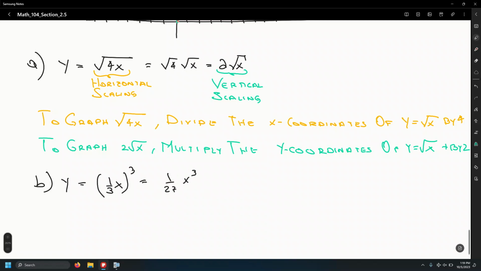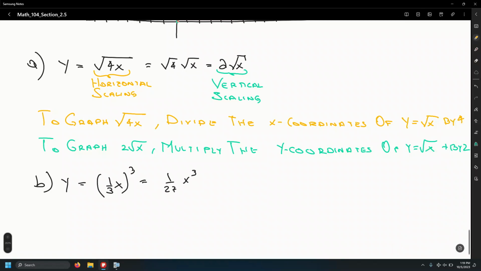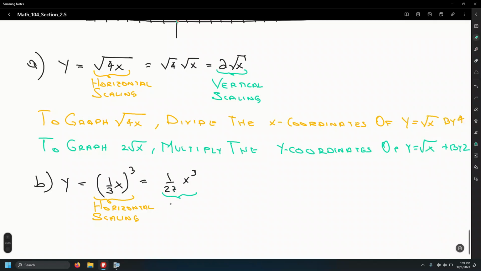It's the same thing. Now, here is the thing. This first version, I'm going to treat like a horizontal scaling. And this one right here, I'm going to treat like a vertical scaling.